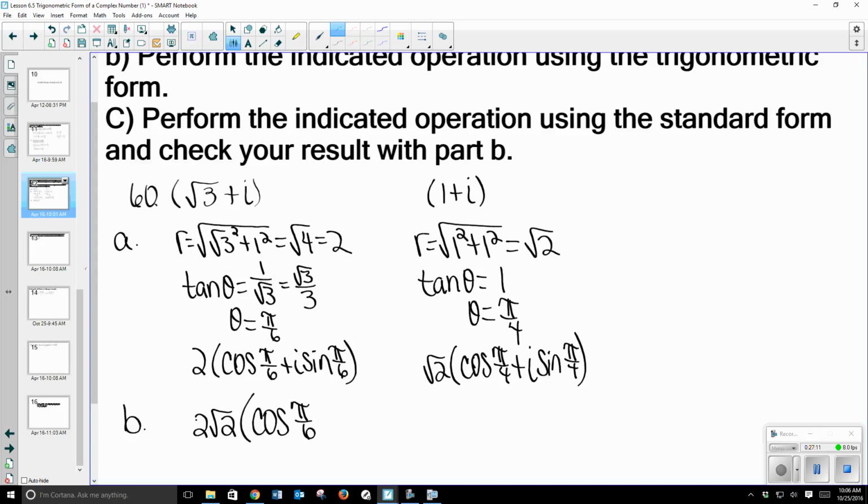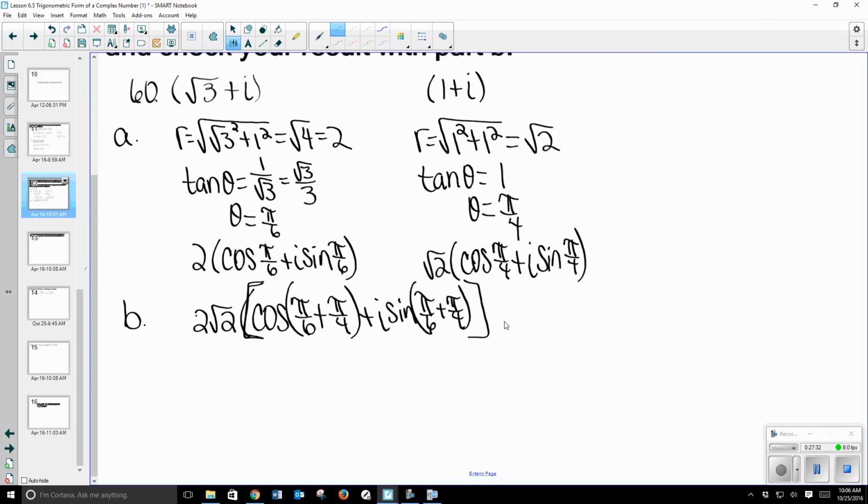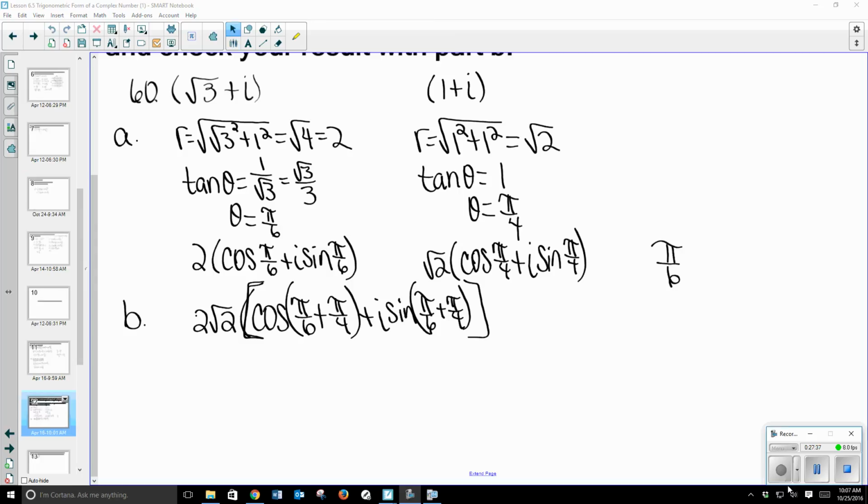Cosine pi over 6 plus pi over 4 plus i sine pi over 6 plus pi over 4. Really just brackets there. So pi over 6 plus pi over 4.